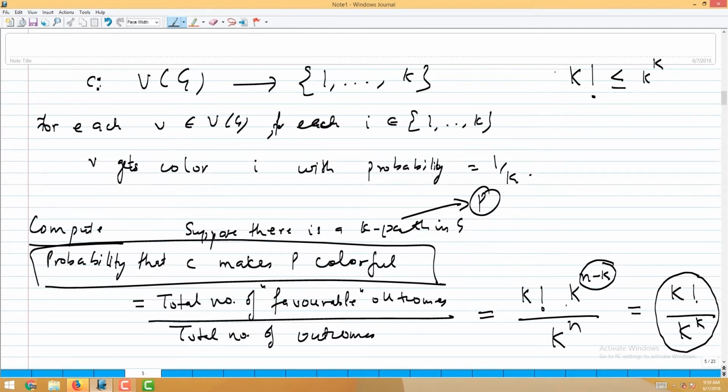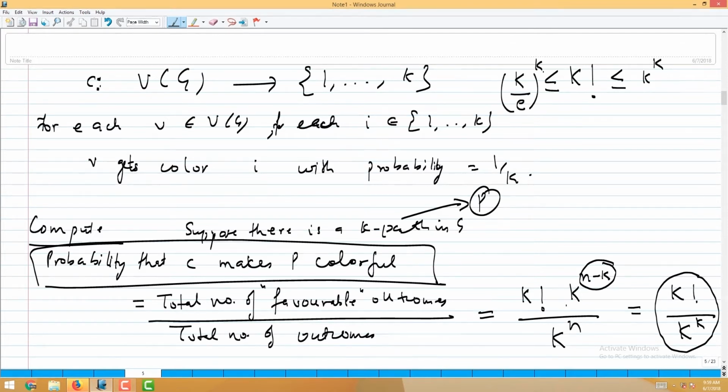It turns out that there is also a lower bound for this expression. Again, we will not prove it. There's something called Stirling approximation, and what you can prove is a lower bound for this term. When we upper bound it by K power K, this is not very bad, in the sense that there is also a lower bound for it, which is K by E power K. And what is E?